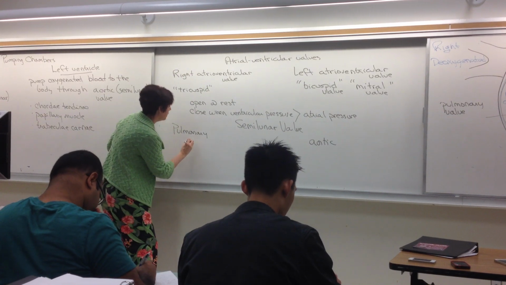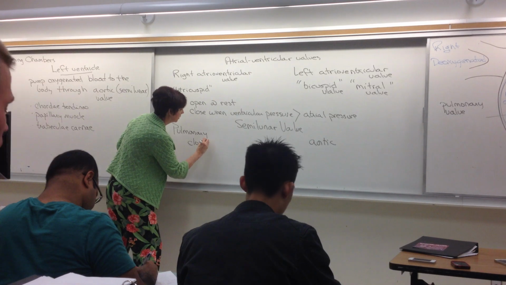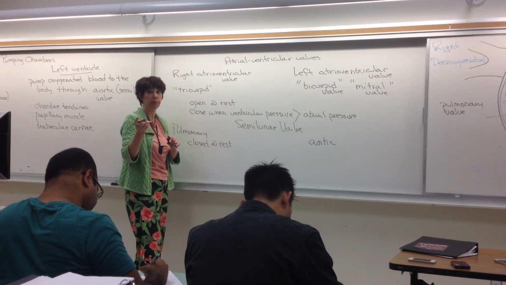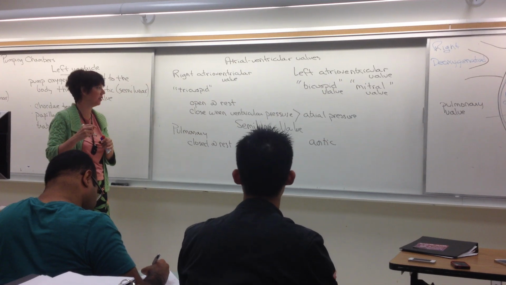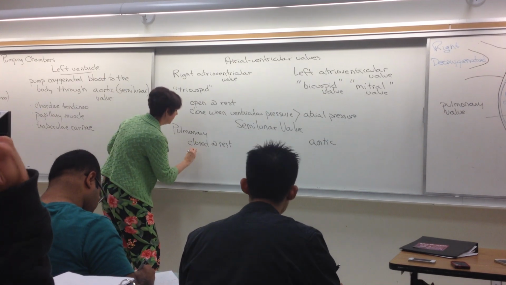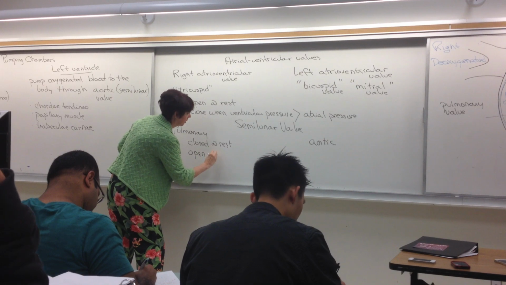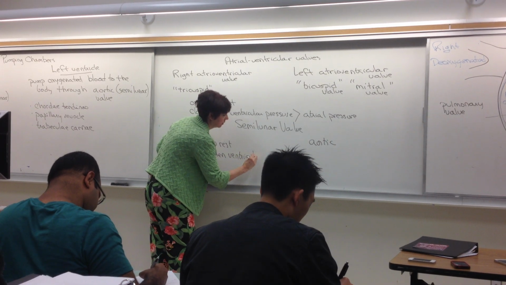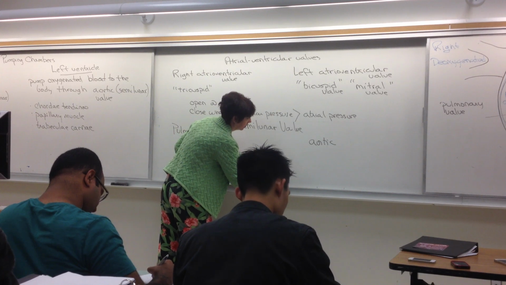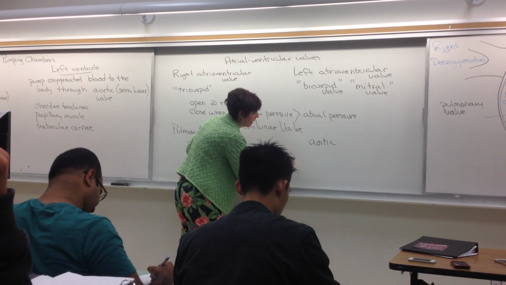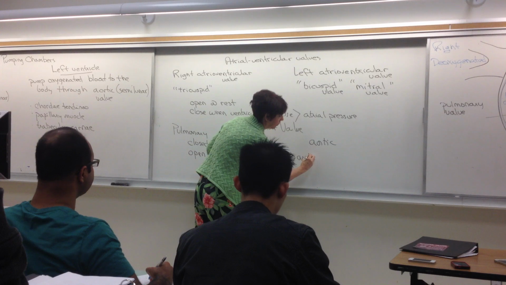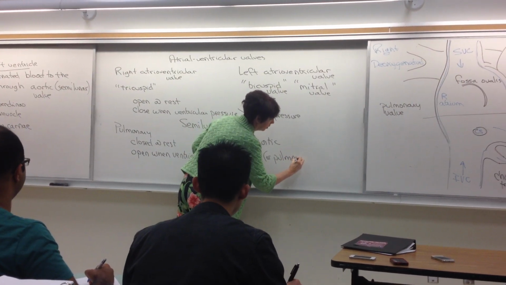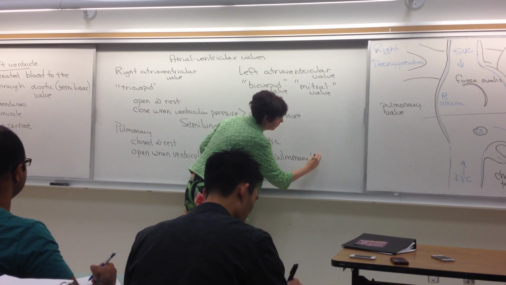These are closed at rest when the ventricles are resting, because aortic pressure is higher than ventricular pressure, and they open when ventricular pressure is greater than aortic pressure, or pulmonary trunk if we're talking about the right side.